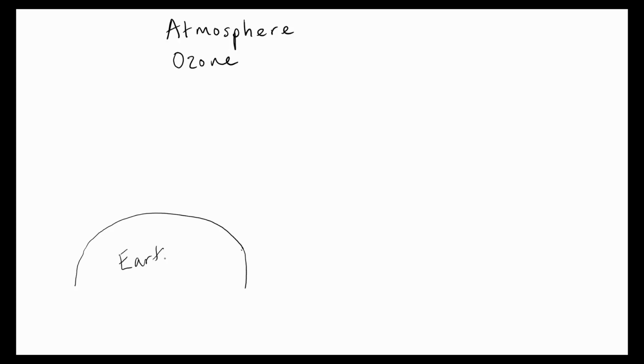Okay, today we're going to consider the atmosphere, and particularly we're going to look at the role of ozone in the atmosphere. So first of all, we need to think about what the atmosphere consists of. If you think of this as just a part of the Earth, then what you need to know as ESS students is that the first layer of the atmosphere is called the troposphere.